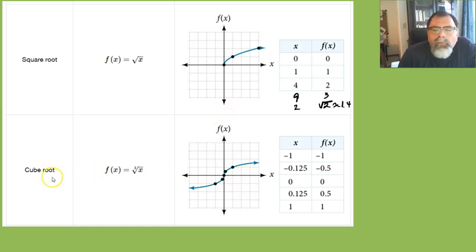And then the next one would be the cube root. This is our last one, actually. Same thing: the cube root of -1 is -1. You can just punch this in a calculator. The cube root of -0.125 is -0.5. The cube root of 0 is 0, and the cube root of 0.125 is 0.5.